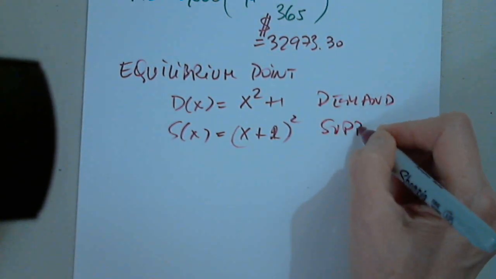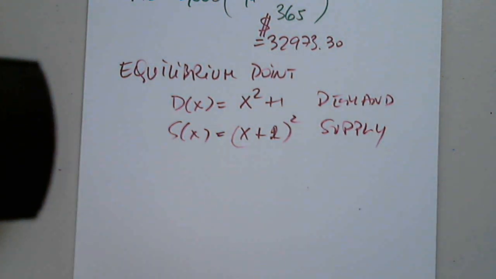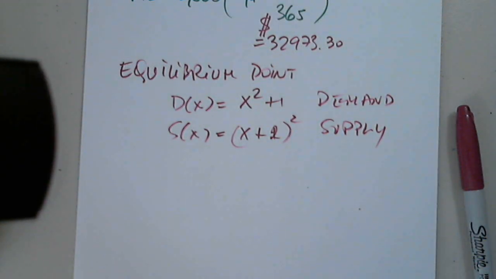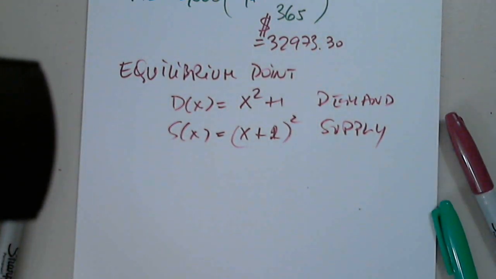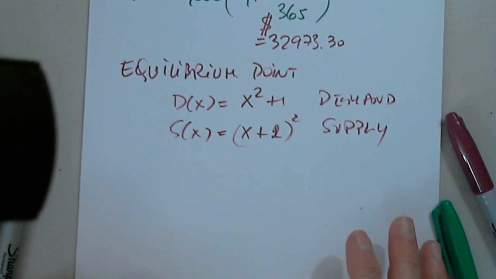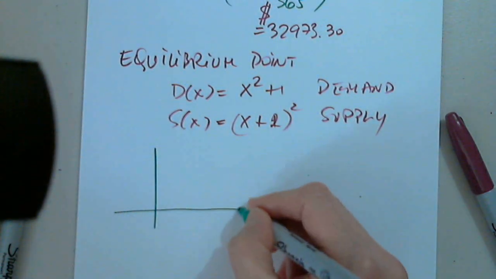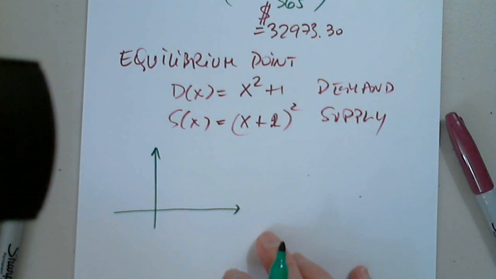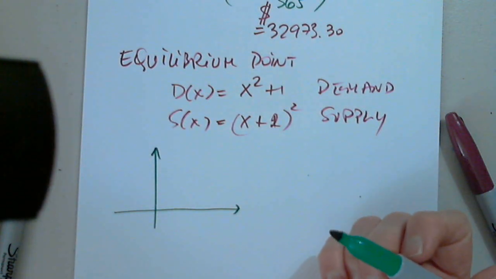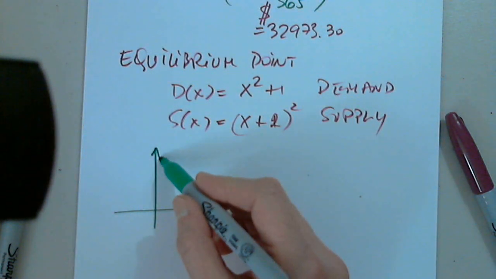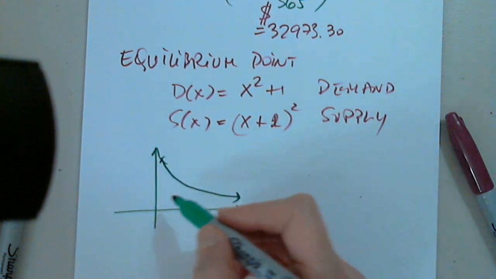and supply functions. How do I find the equilibrium point? So the demand and supply.